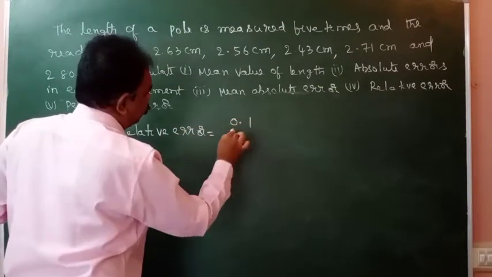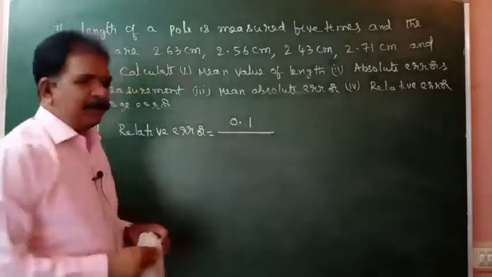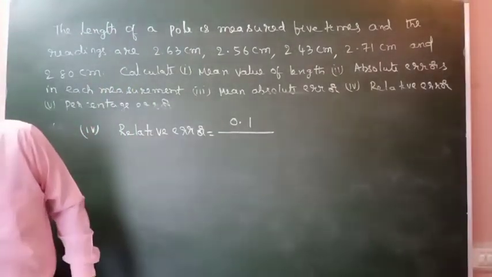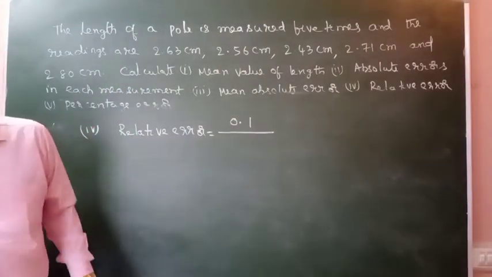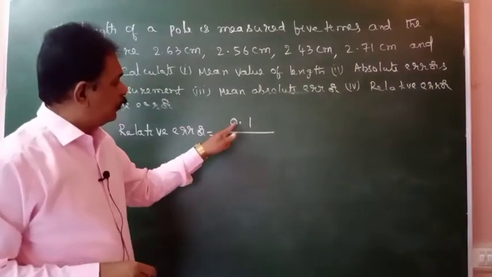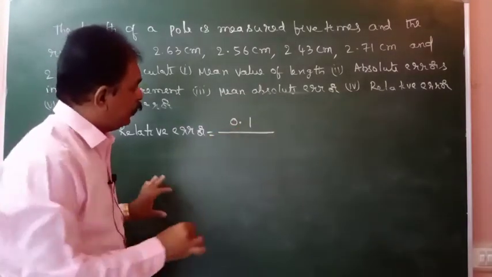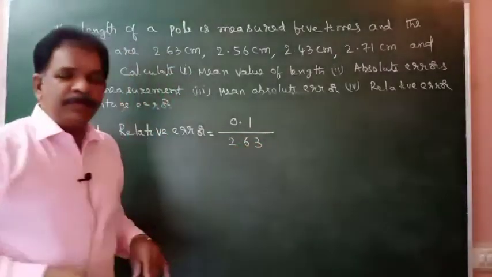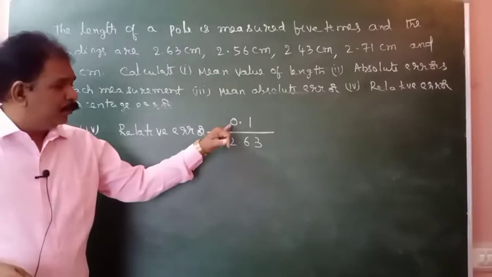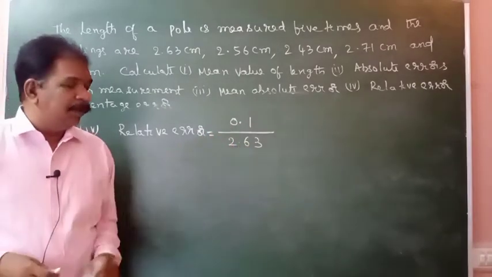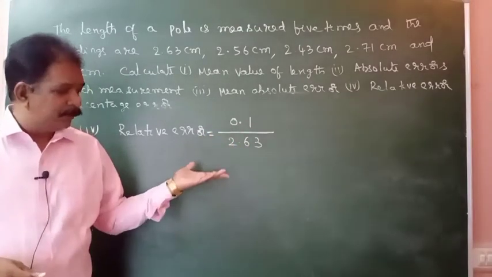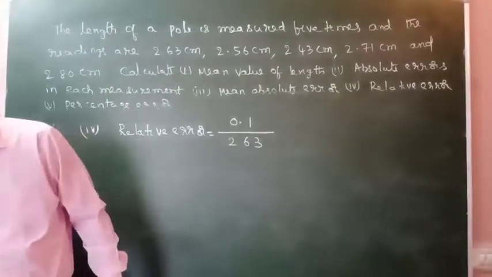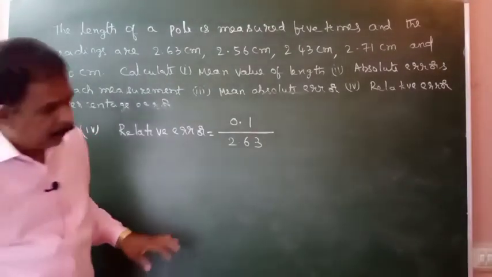Mean absolute error by mean value is called relative error. Mean absolute error we calculated as 0.1. Mean value we calculated as 2.63. So 0.1 by 2.63.